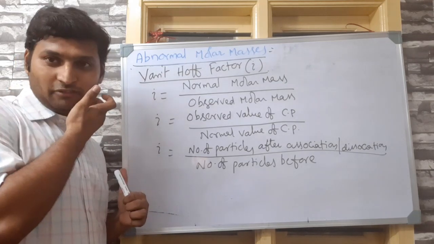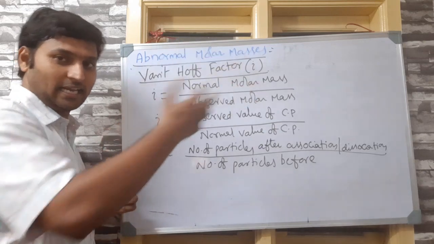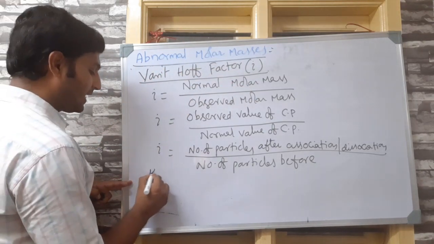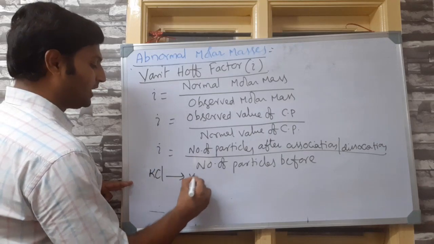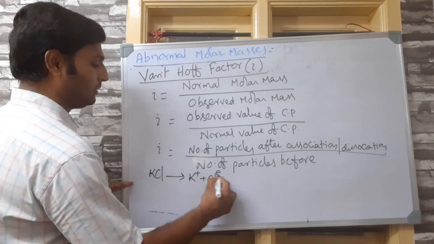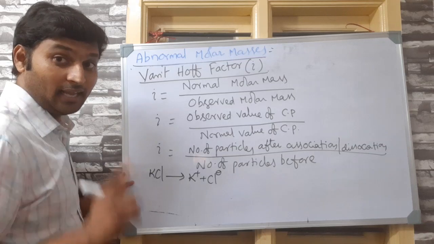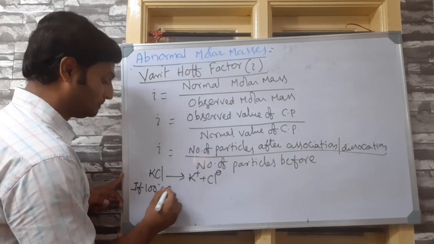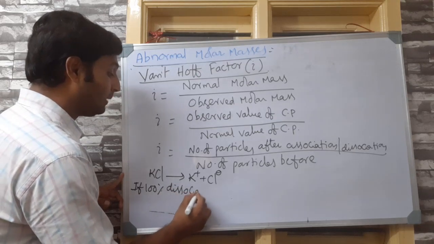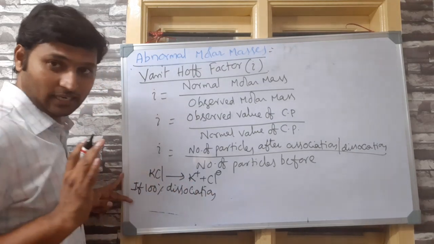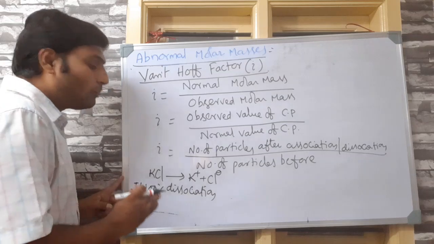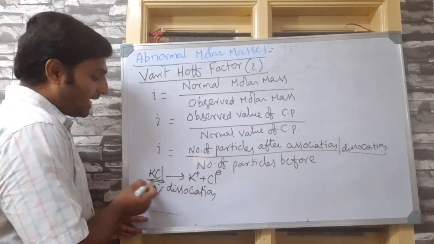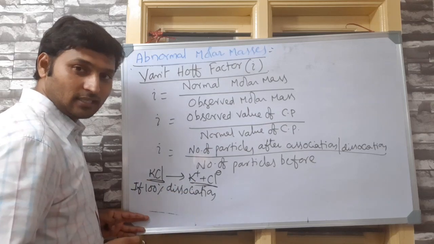Now, from any perspective you take, I am giving you the illustration now, with the same KCl and acetic acid in benzene example. KCl is becoming K plus and Cl minus. Right? Now, assuming there was 100% dissociation, each KCl particle should have become how many particles? 2.